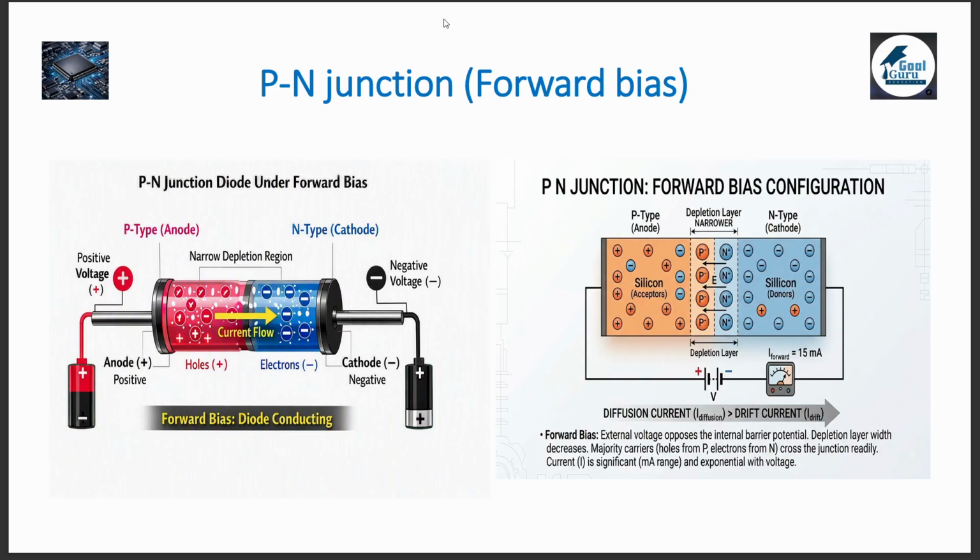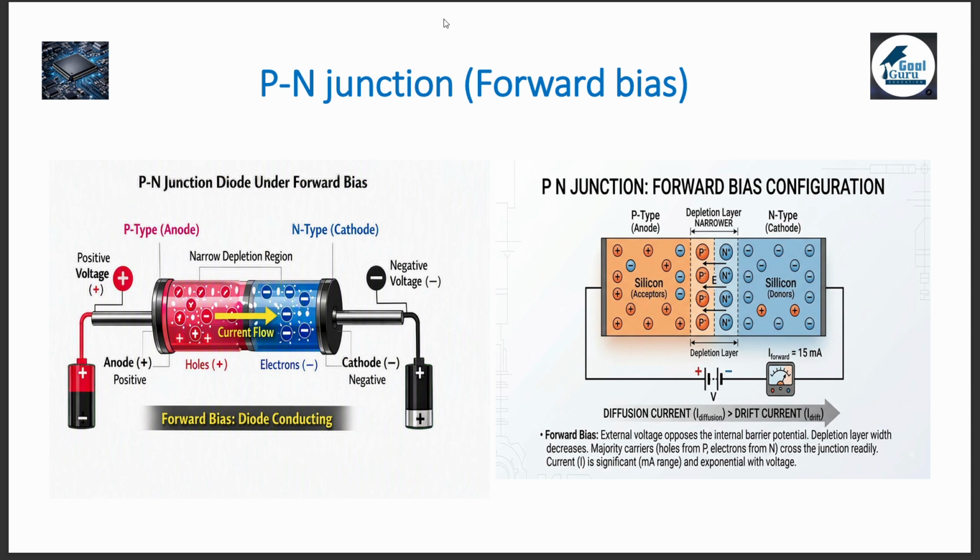What is forward bias of the PN junction? Positive of the battery as shown in the figure is connected to the P type and the negative of the battery is connected to the N type. This applied external voltage opposes the internal barrier potential.